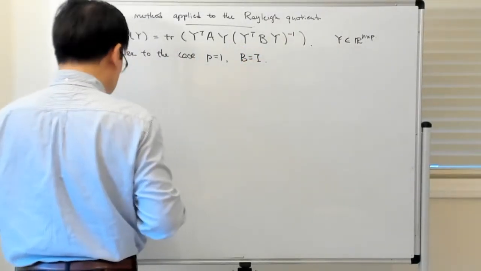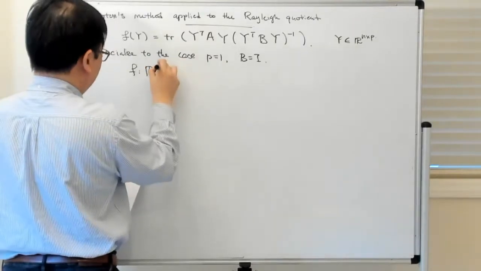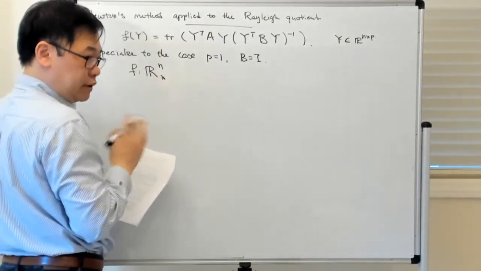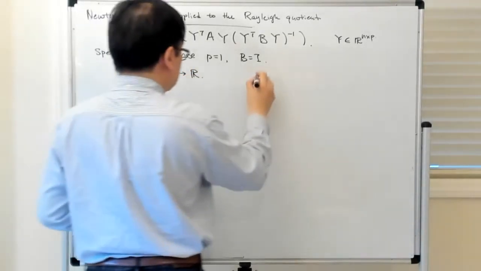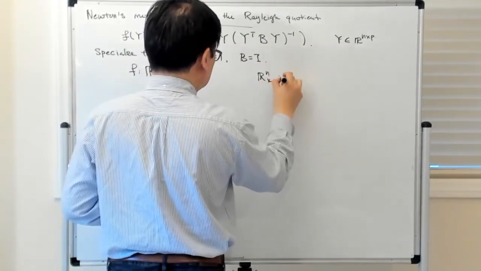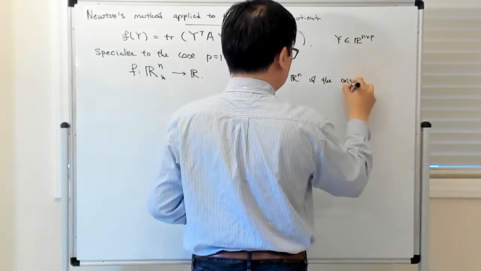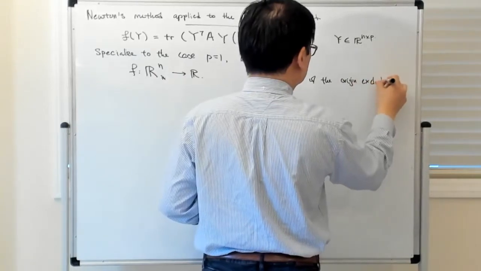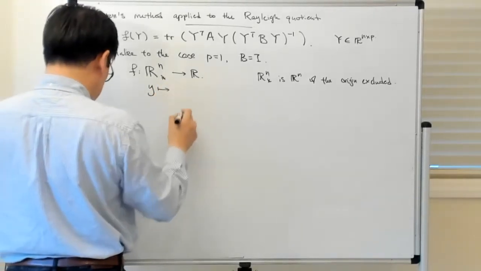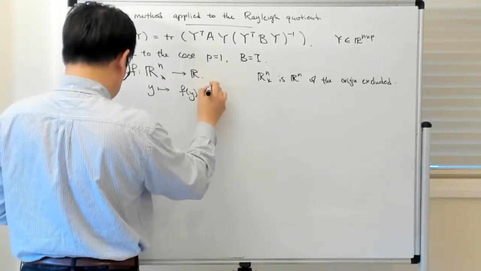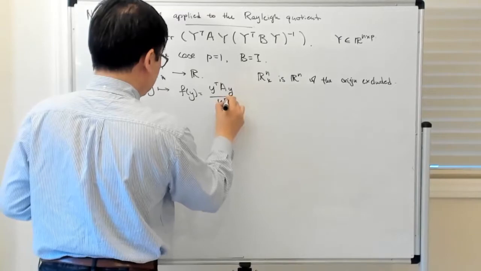This gives you a map from F, which is R^n star, so this is basically just R^n with the origin excluded, to R. So this is a map from y to f of y, which is just y transpose A y divided by y transpose y.